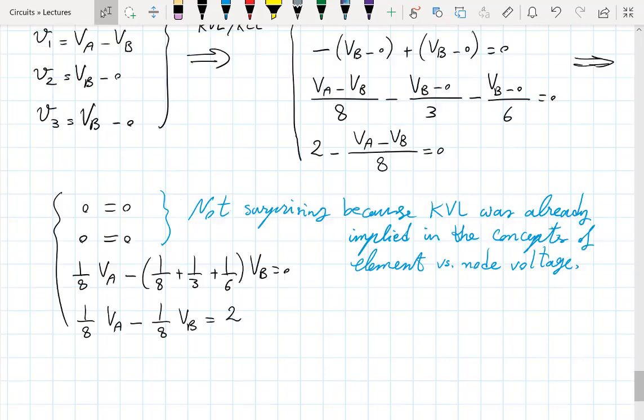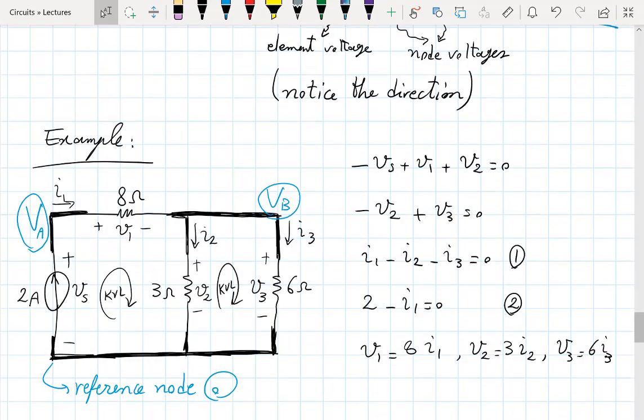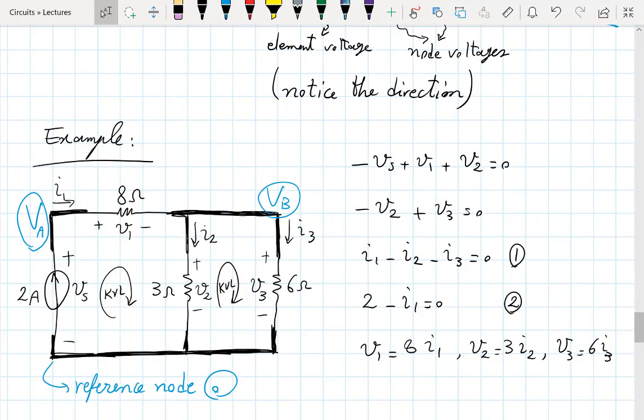And a similar situation for the other node. I1, which is this little V1, which is VA minus VB by 8, equals I2, which is VB by 3, plus I3, which is VB by 6. So in fact, with a little bit of experience, you could have written these two equations, the KCLs, directly in terms of VA and VB without having to go through all those steps.